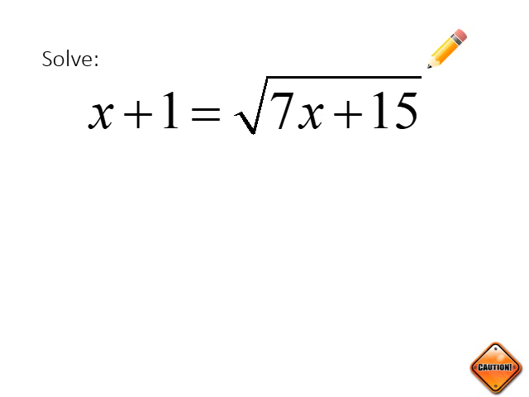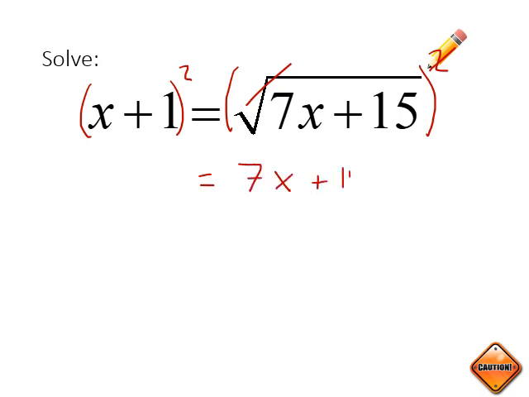I'm allowed to square both sides right away to get rid of this radical symbol. But if I do it to the right side, I have to do it to the left side. On the right, the square root and squared cancels. So I have just the radicand, 7x plus 15.